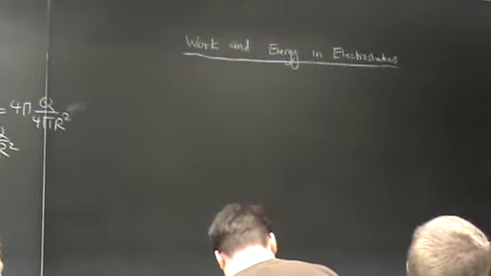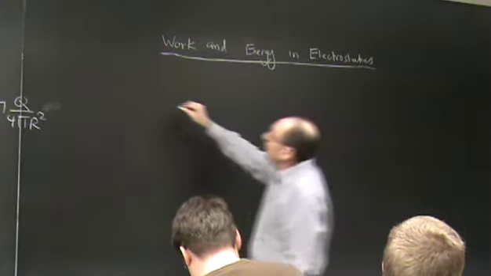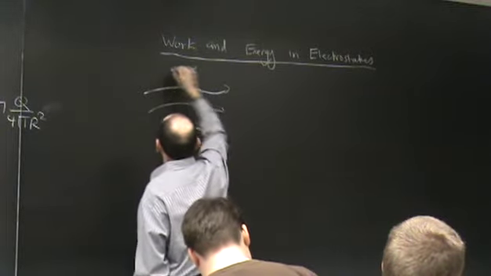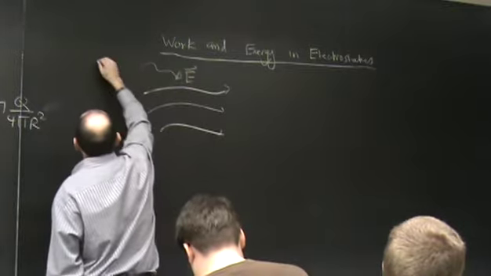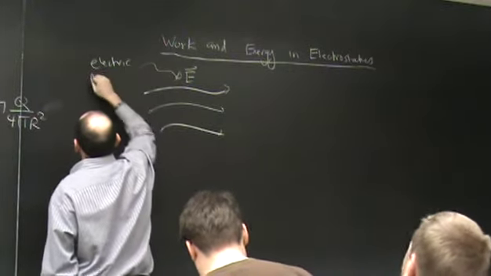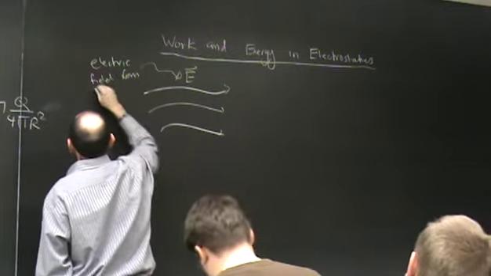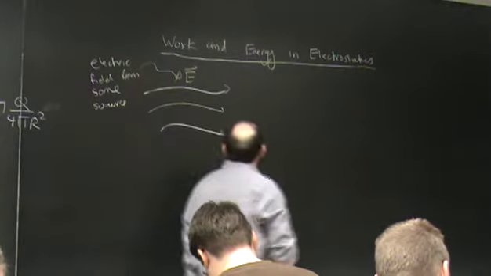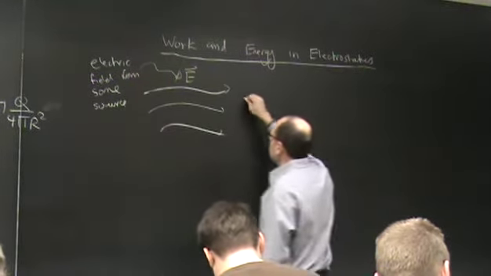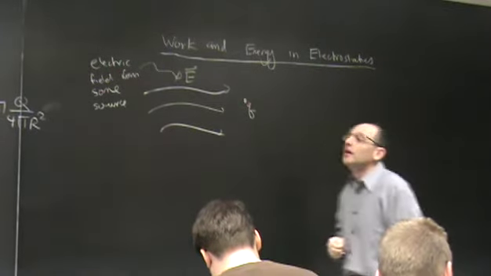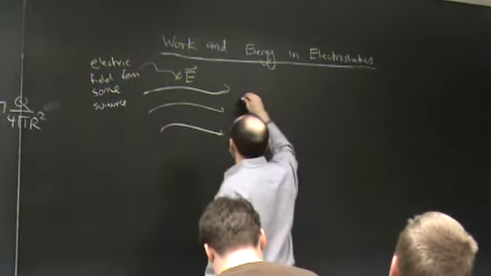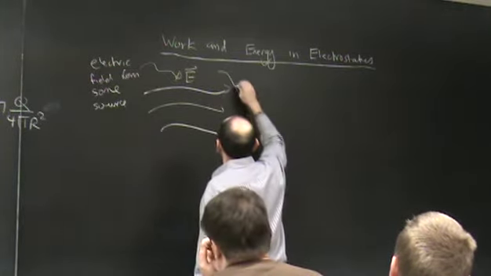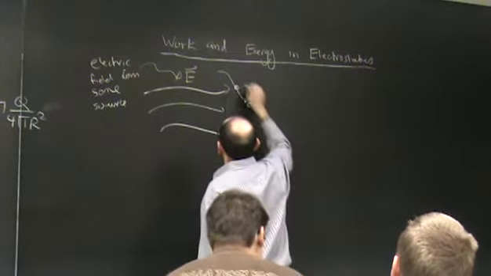So, if we have some source which is producing some electric field, this is the electric field from some source. Now there is some charge Q here, and I want to move this charge from point A to point B.